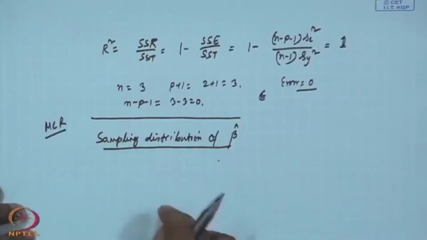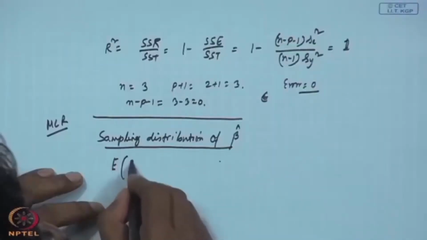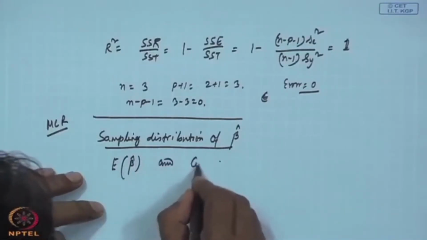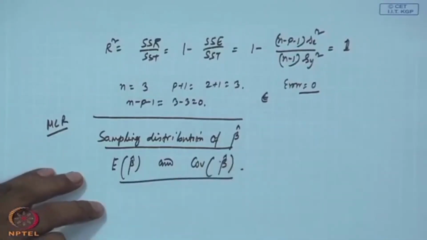Here what is required to be known, if you want to go for that sampling distribution of beta cap, then you must know the expected value of beta cap, and you also are required to know the covariance of beta cap. These two we require to estimate.